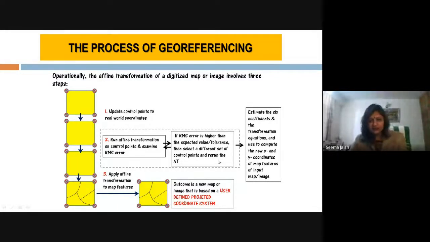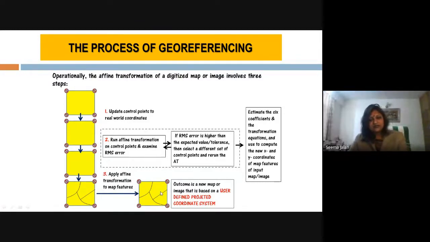Every time you change the GCPs, you build the equation again and observe the error again. Once the error is within the limit, you can proceed ahead. Then your equation is built, and you apply this equation to all the remaining pixels in your data set, and you apply the transformation to all the features.